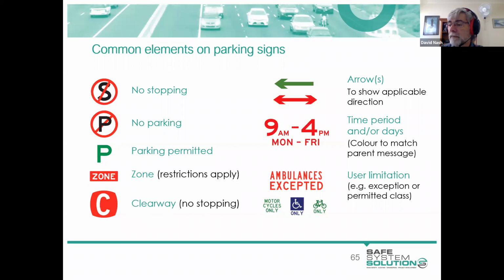The clearway has exemptions for public buses and commercial passenger vehicles, including taxis, that can actually stop within a clearway, whereas they can't stop in no stopping, because no stopping should be reserved for safety locations where you really don't want anyone stopping. The arrows should be in the same colour as the main message. So if the main message is parking permitted, then a green arrow. If it's a restriction or prohibition, then it should be red arrows.